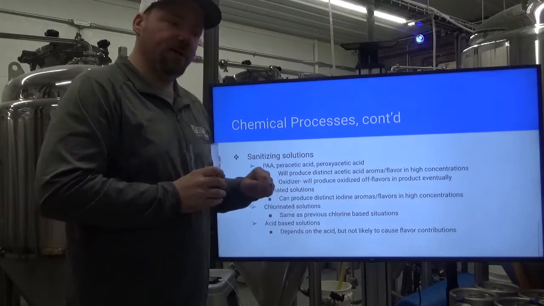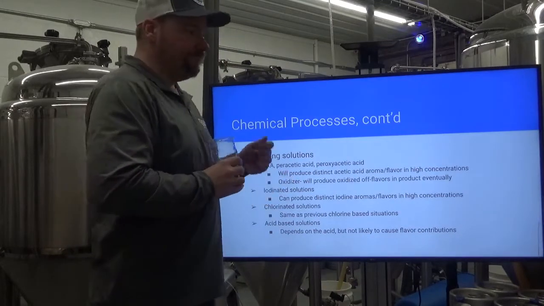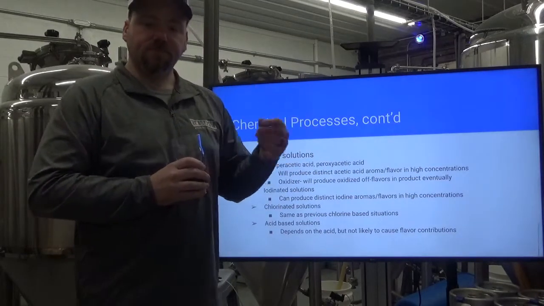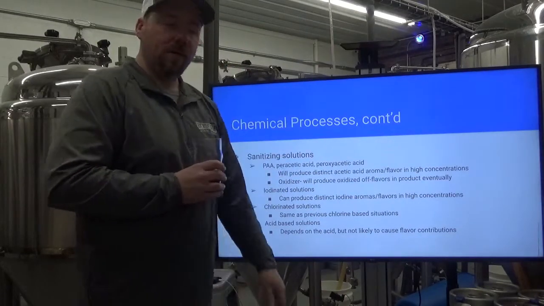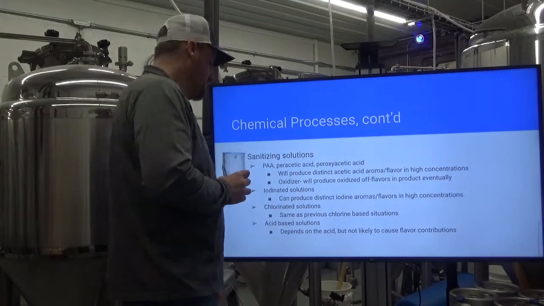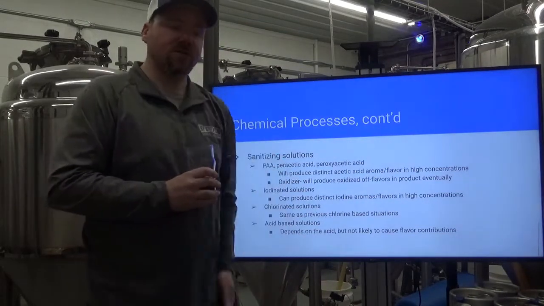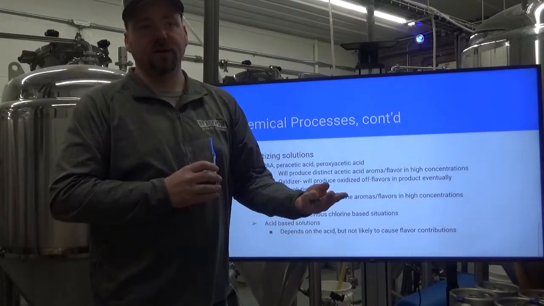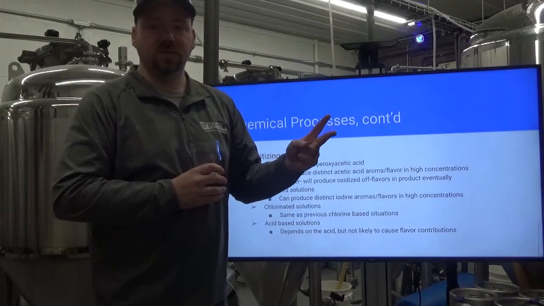Last one I have listed here is acid-based solutions. One that you might be familiar with is, oh my gosh, it just disappeared. Star San. Star San from 5 Star Chemical Products Company is a blend of phosphoric acid and dodecylbenzene sulfonic acid.